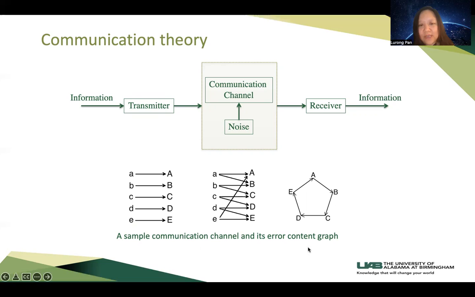There's another representation to describe this process. Ideally, if we would like to perfectly transmit the letter from lowercase a to capital A, it would look like this. However, by some chance we would miscommunicate and mistranslate them, converting them into different wrong codes.